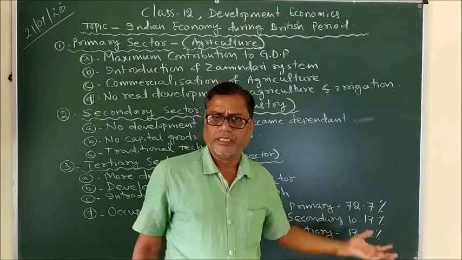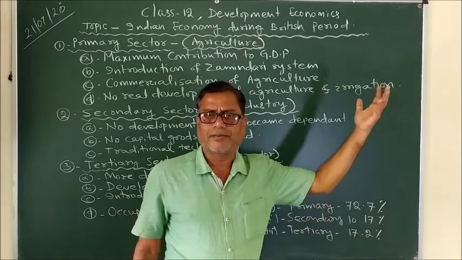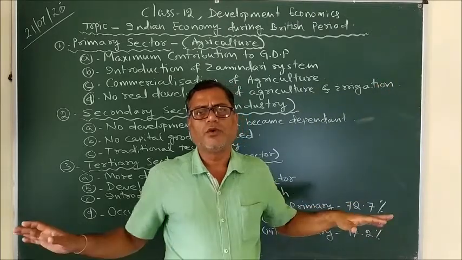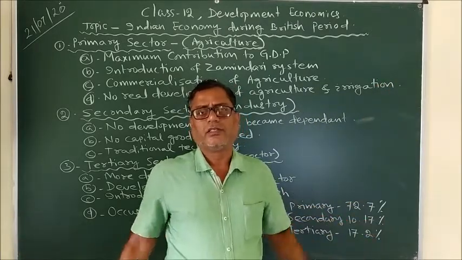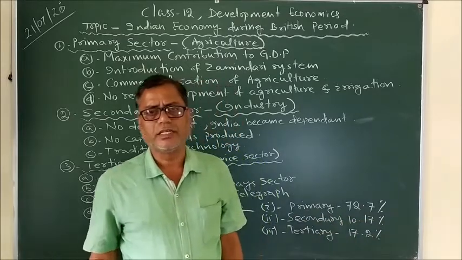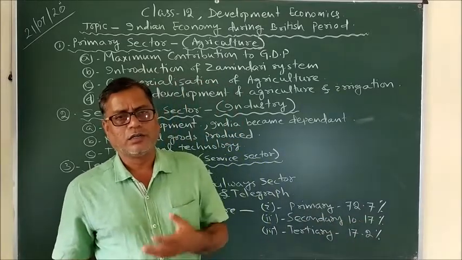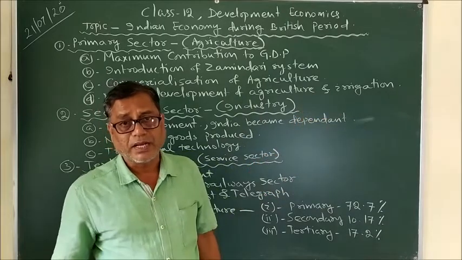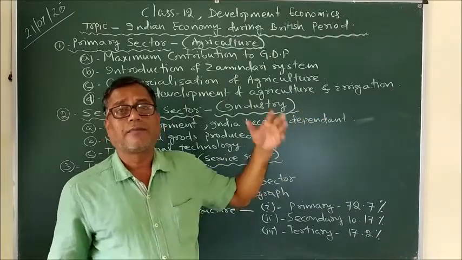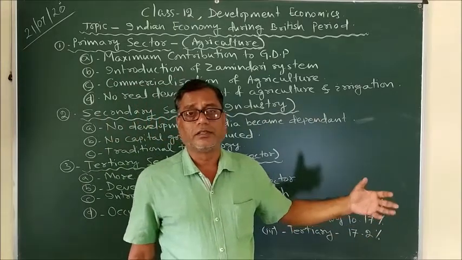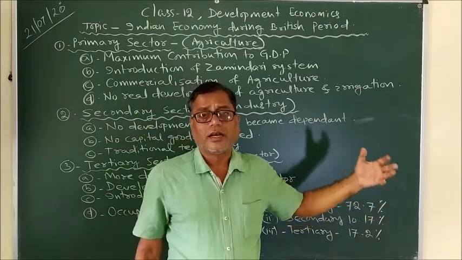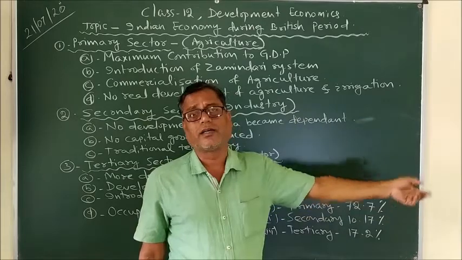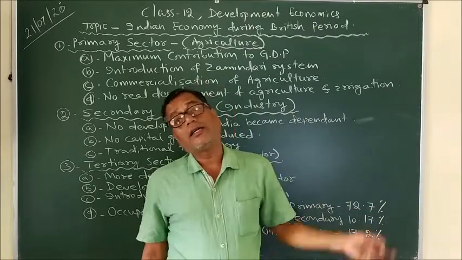So industrially Britain became developed, but in India there was no particular industrialization. The British used to take cotton from India at their prices, and after processing they made clothes, and those finished products were sold in India at their prices.